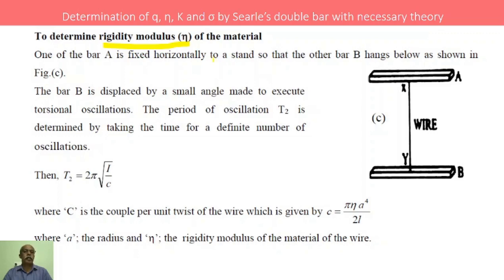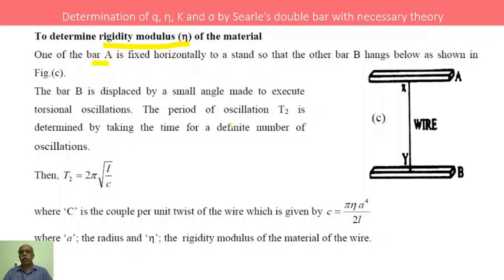And in order to determine the rigidity modulus of the wire, one of the bars, say bar A, is horizontally clamped as shown in figure, whereas the bar B hangs below the bar A, and the bar B is slightly displaced and slightly rotated, and it is made to execute the torsional oscillations.